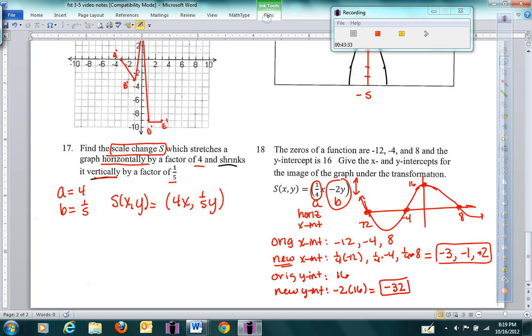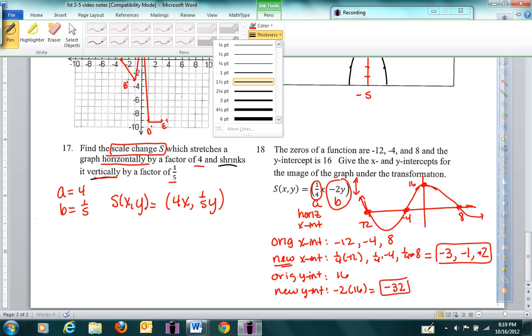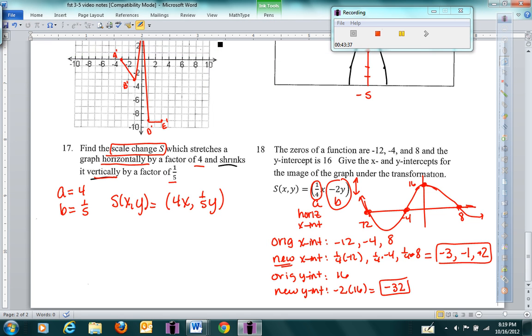So let me take my pen here and see if I can. It's going to be a lot skinnier because the x-intercepts are going to be at negative 3, negative 1, and positive 2. And then it's going to be turned upside down because this is going to be down here at negative 32, isn't it?